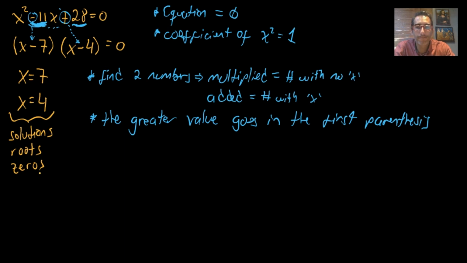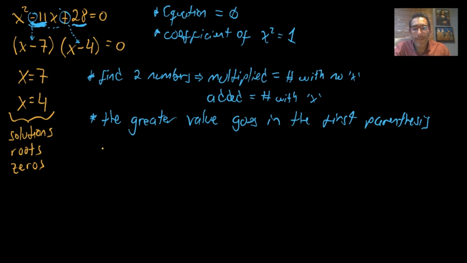And this is the process. Try to review it, be clear on how you find it. We're going to have another example just to double check and go again through the whole process, okay?